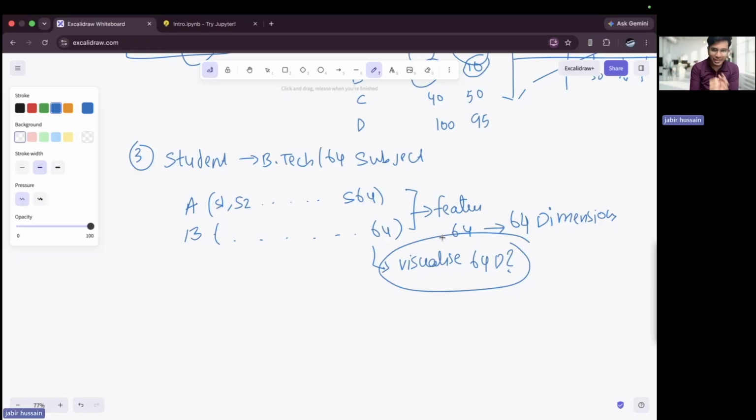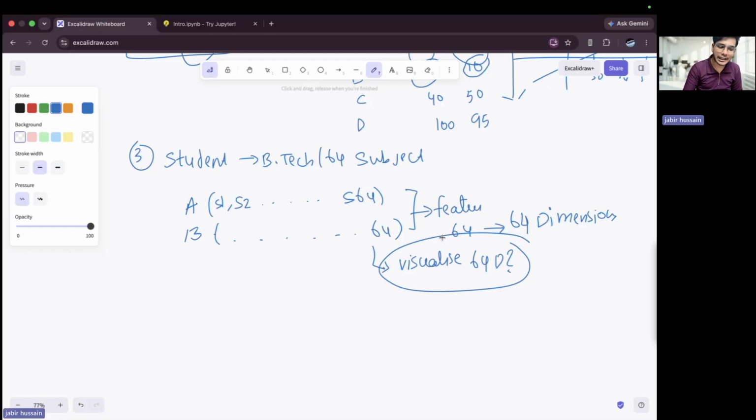Once you are able to plot a 64 dimensional space, then you can easily tell. But can we do that? I don't think so. As humans, I don't think we can visualize a 64 dimensional space, or data lying in 64 dimensional space.